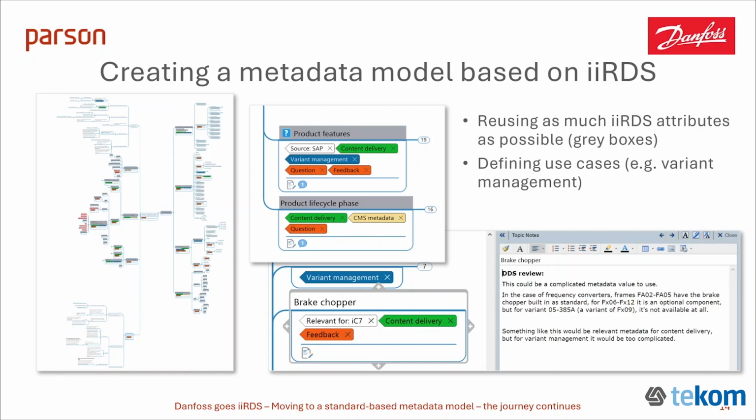So we tried to align with the iiRDS model while we created our metadata model. So as you can see, we tried to reuse as many existing iiRDS attributes as possible, and these are the gray boxes that you can vaguely see here, and then defining use cases for them, right? Some of them are relevant for variant management and so on.